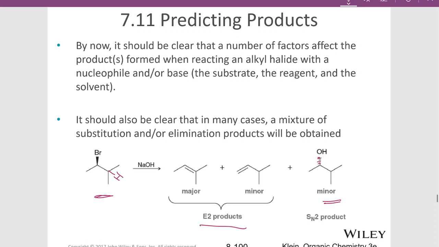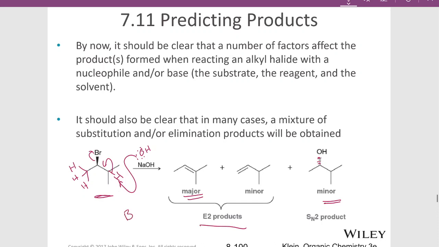We have a beta hydrogen here, and we have three beta hydrogens here. If hydroxide is acting as a base and pulls off this beta hydrogen, we form a double bond and kick out the leaving group, giving us the first elimination product as a possibility.